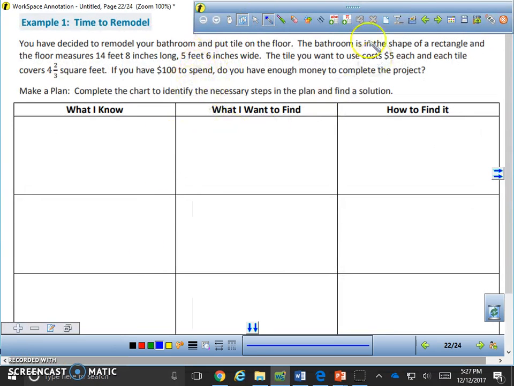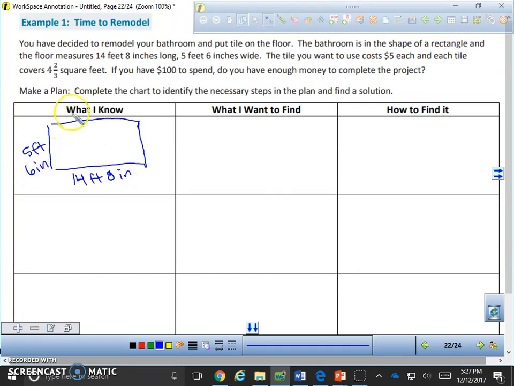We know, first of all, that the floor, I'm going to draw us a picture, measures 14 feet and 8 inches by 5 feet 6 inches.